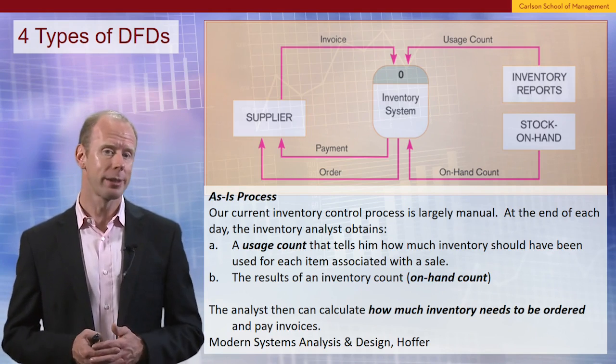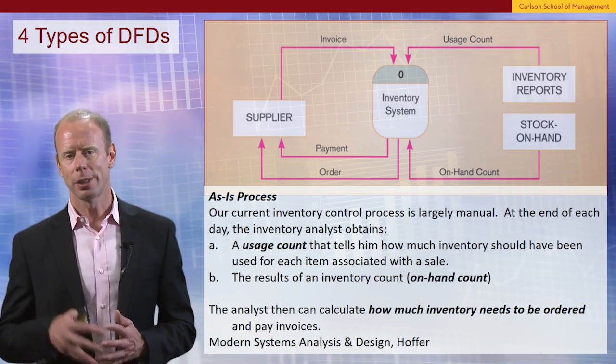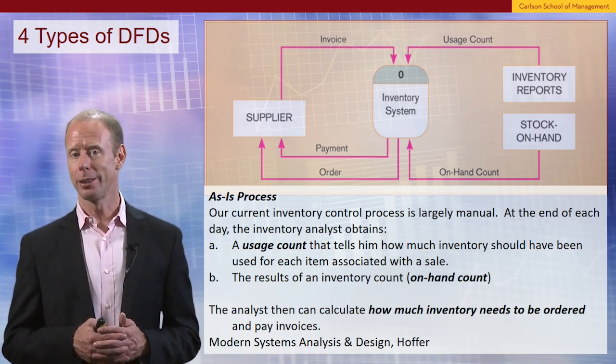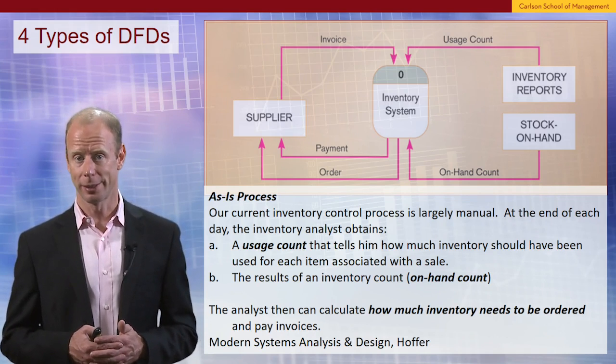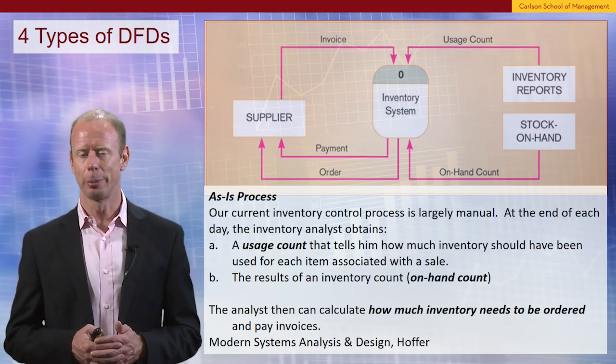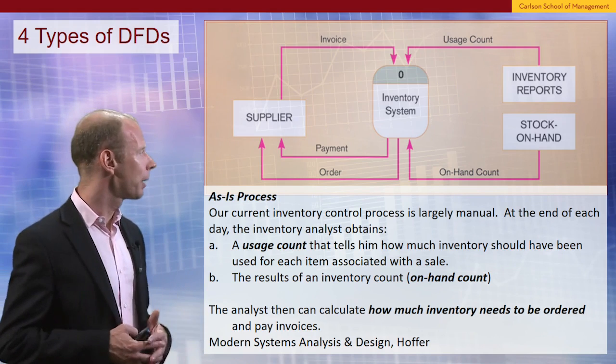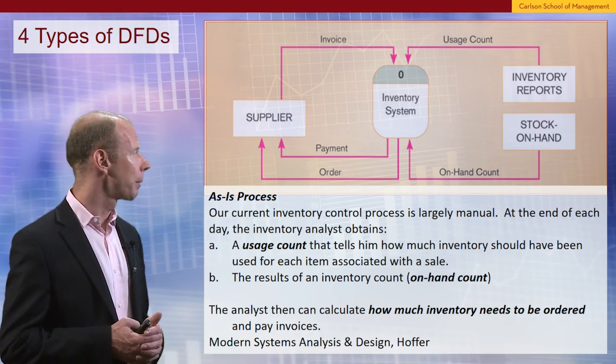In fact, most analysis starts by understanding how things are currently done. You'd be surprised at how little understanding there is sometimes of the current process, and sometimes even the process of analyzing the current procedures will lead to new insights. And so we often start by drawing a data flow diagram that represents the current process.